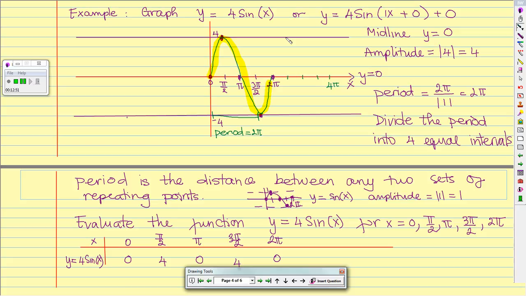And you just repeat the points again. So from 0, go to the maximum, 0, minimum, and then 0. And then connect the 5 points using a curve.